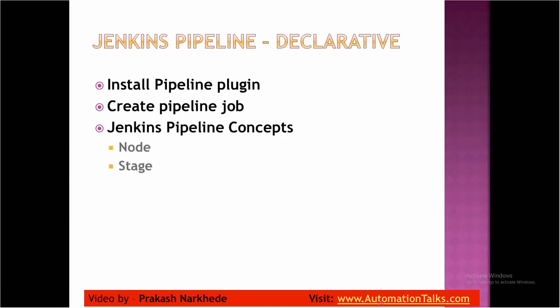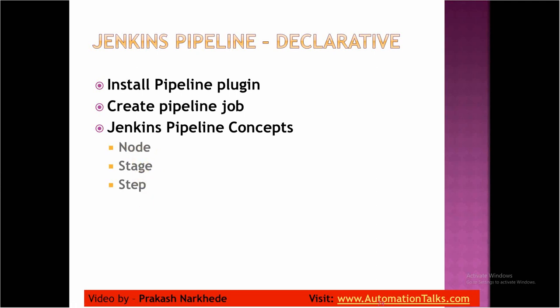Before I start writing the actual code, let me talk about some pipeline concepts like node, stage, and steps. What is meant by node? Node is nothing but the machine on which Jenkins runs. It is just like in Selenium grid where we have the hub and node concept. Then we have something called stage.